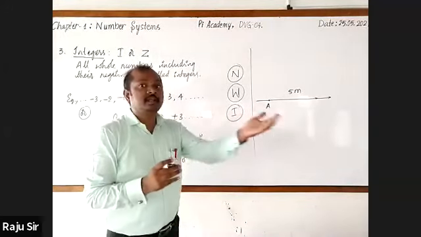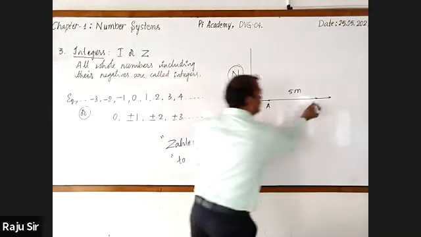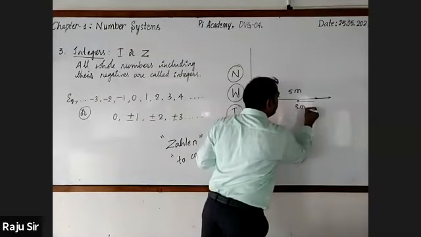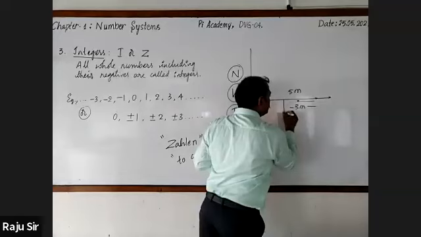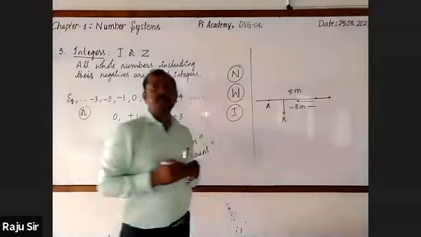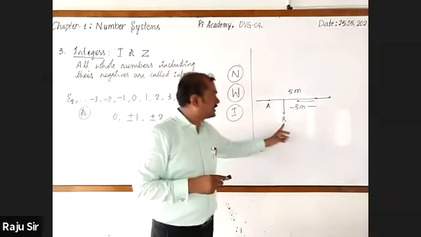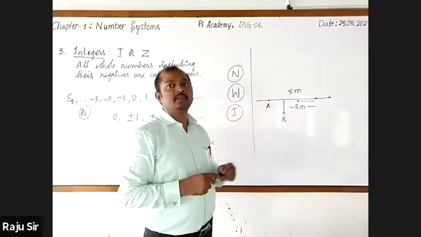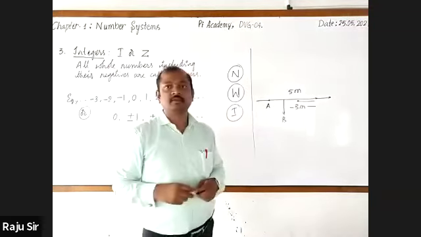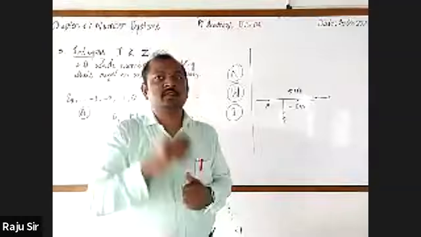Then he comes back by 3 meters. And his final position, I'll take this as B. Could you tell what is his distance from his initial position? 2 meters. Why did you get 2 meters?